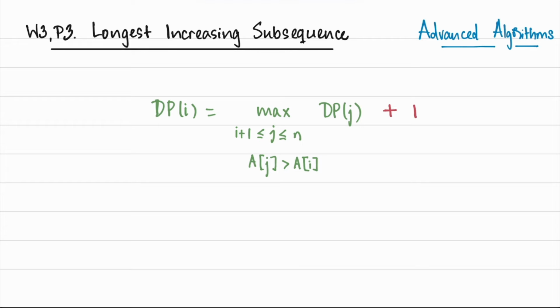But what is the left hand side that I'm actually interested in? So what do I want to show? What is the semantics of dp of I? We are claiming that it was the length of a longest increasing subsequence starting at a of I. So remember that that's what dp of I is denoting.